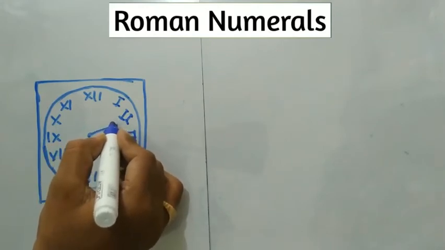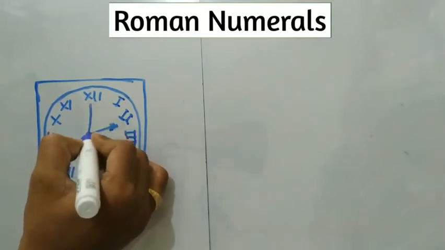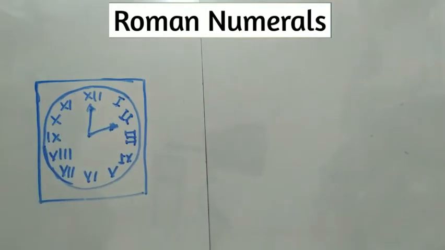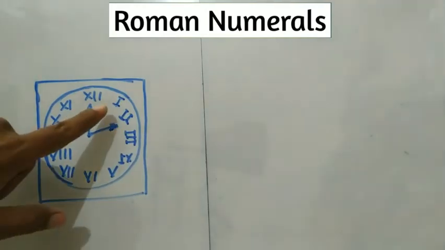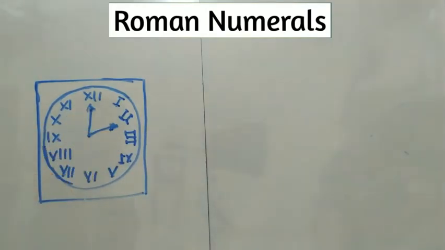So in this watch you can see only some symbols like I, II, III, IV, V, VI, VII, VIII, IX, X, XI and XII.